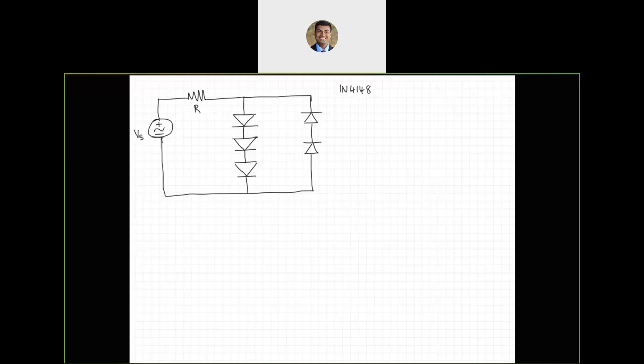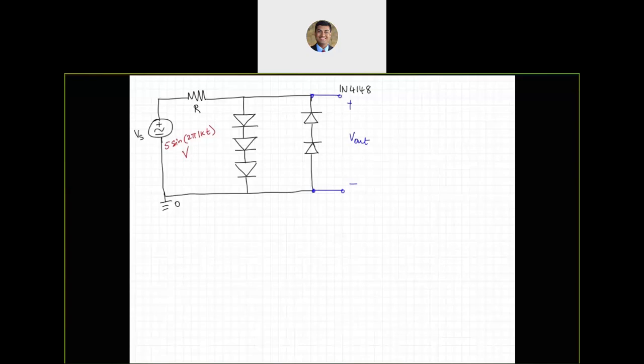This is VS. We can use the same VS, like 5, whatever we had before: 5 sine 2 pi 1 kt in volts. And we of course need a ground here. So if this is our circuit, what is going to be measured over there? Right now we are measuring across multiple things.